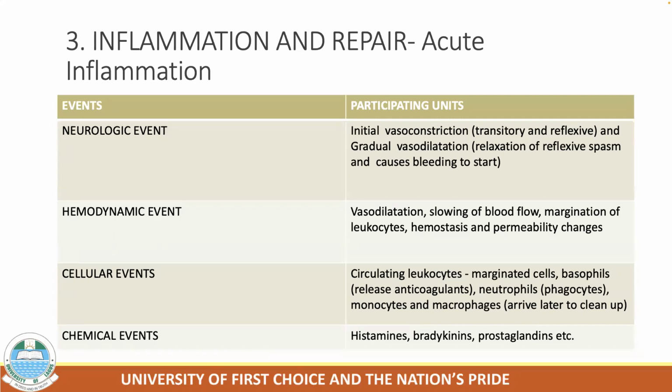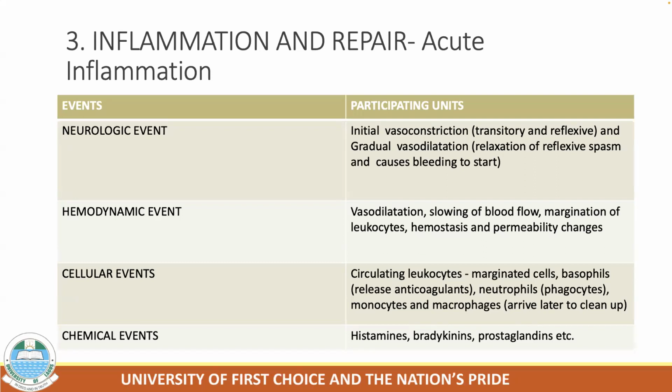Now, there are cellular events. The hemodynamic is very different from the cellular, right? Cellular event is where you now have the circulating leukocytes activate, and you begin to have margination of those cells as well. Basophils, neutrophils, they begin to migrate to those areas, right?